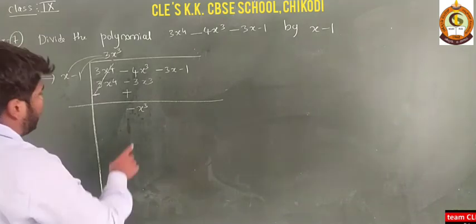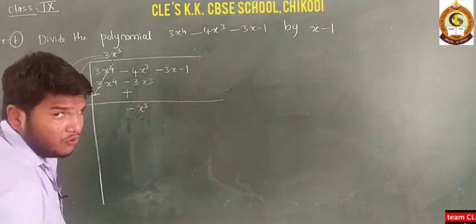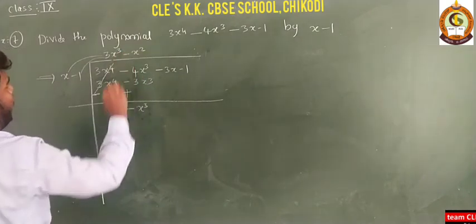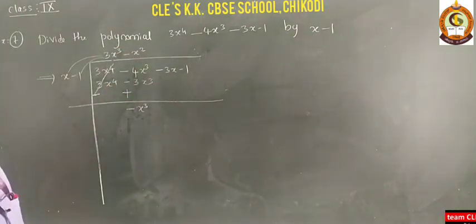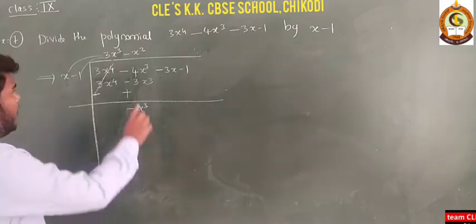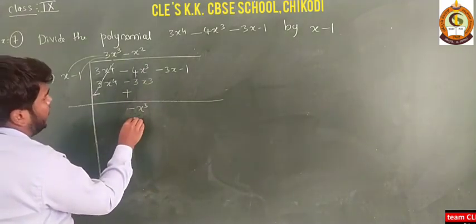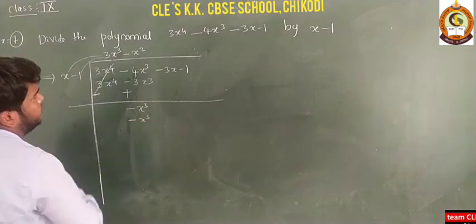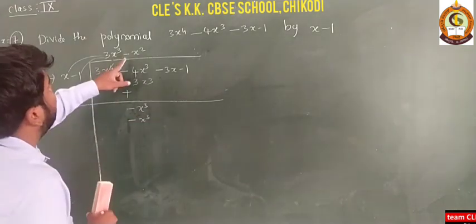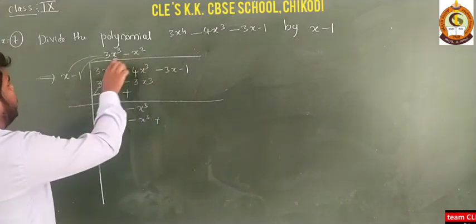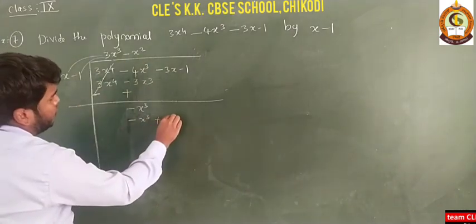To get the answer x cube, I use the first term, that is minus of x square. So I use minus x square and multiply this minus x square into x, that is minus of x cube, and minus into minus is now plus, so plus of x square.